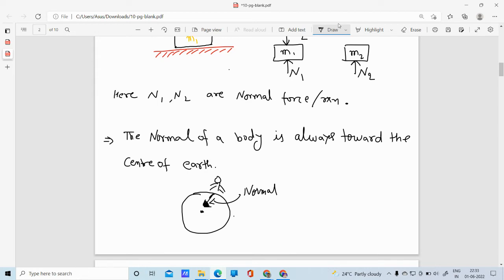So always a body or system is here, and the weight is in this direction, toward the center of the earth.